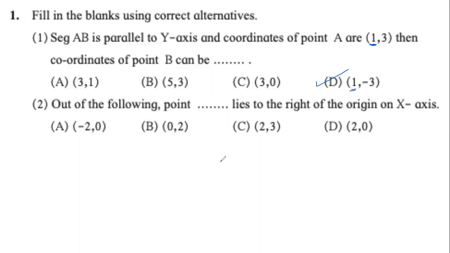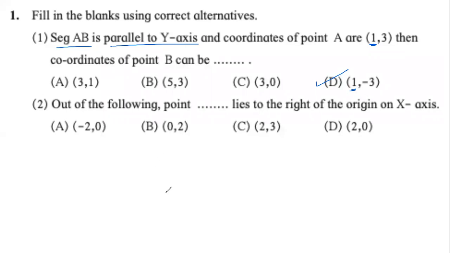So yes, Prachi and Khadija, we have to write exactly what you said. We will say that segment AB is parallel to the y-axis. That implies the x coordinate of the points on this line segment will remain the same. So the answer is D, 1, -3. Correct.